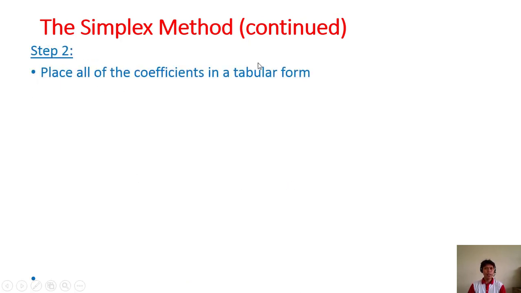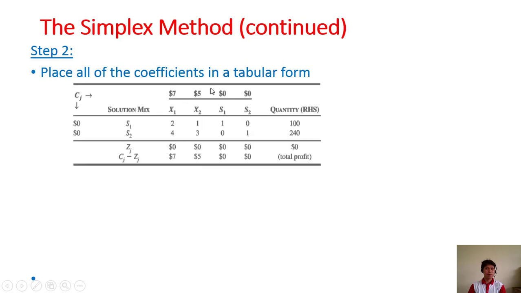Step 2 is to place all the coefficients in a tabular form. So we have this tabular form. We are going to place all those given coefficients: for s sub 1, 2, 1, 1, 0, 100 on the right hand side, and 4, 3, 0, 1, 240.